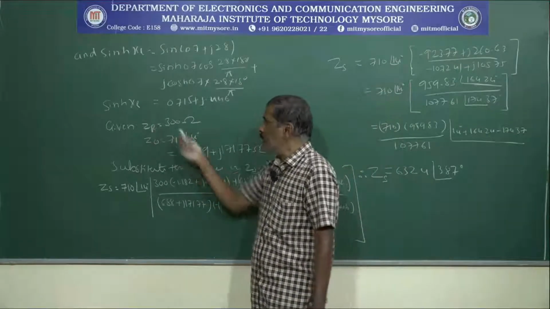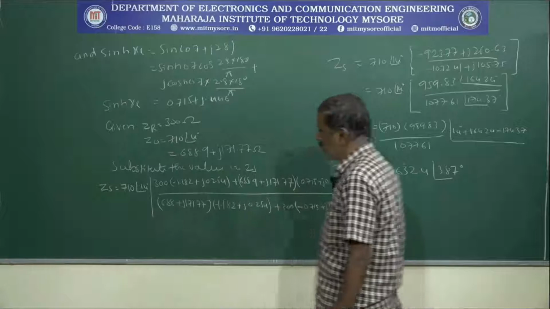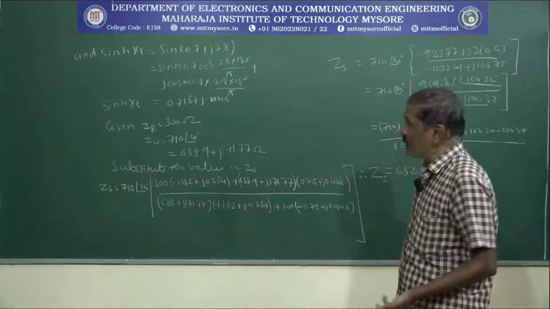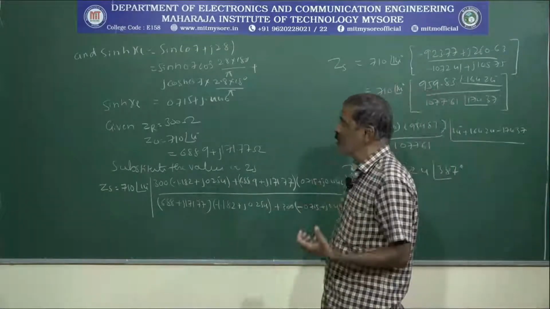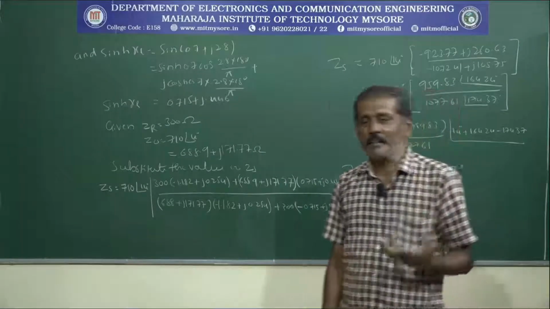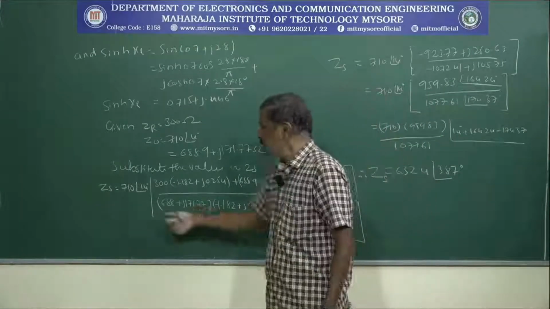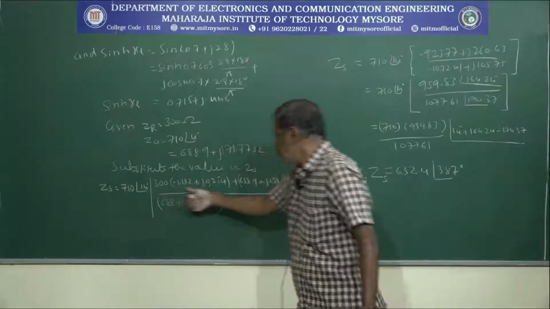In the given problem, ZR and Z0 values are given. Substitute all these values, that is ZR, Z0, sinh of gamma L and cosh of gamma L, in the equation.